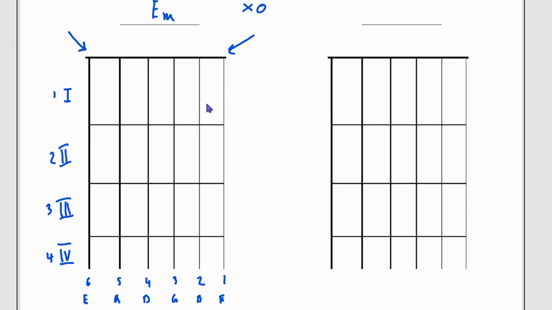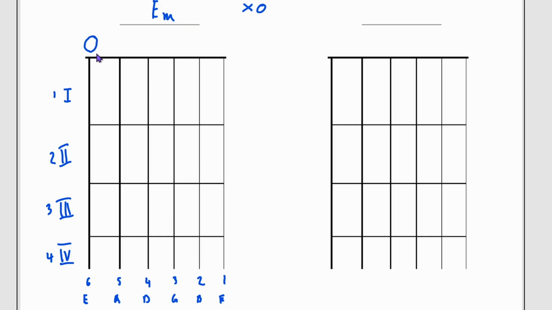So let's construct E minor. When you're constructing your chords, you want to start from the bass towards the treble, the same as if you were doing a down strum with your guitar. For E minor, we're going to play the open 6th string.